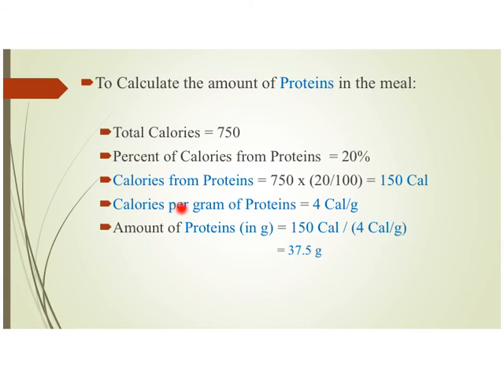We know that each gram of proteins provides 4 calories. So the amount of proteins would be 150 calories divided by 4 calories per gram, which comes out to be 37.5 grams.